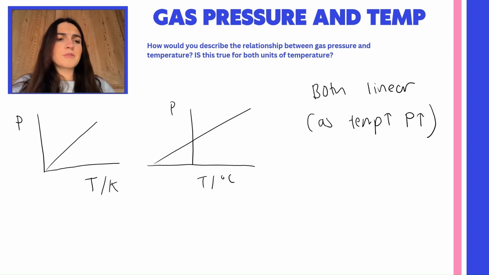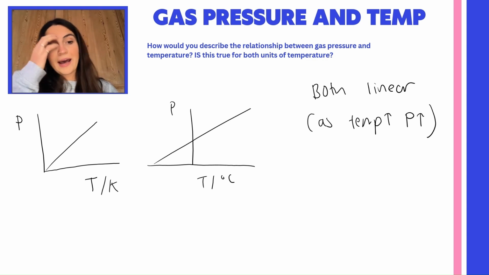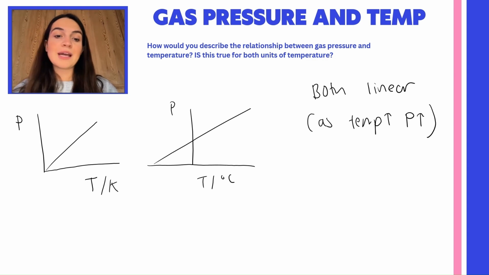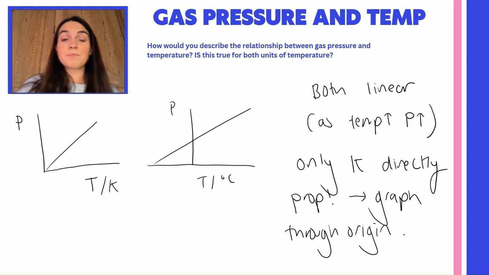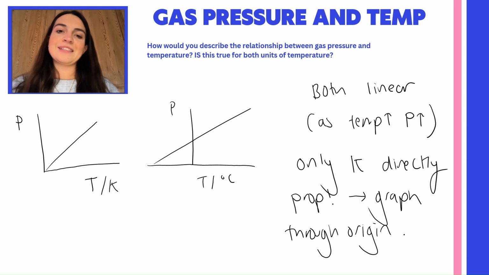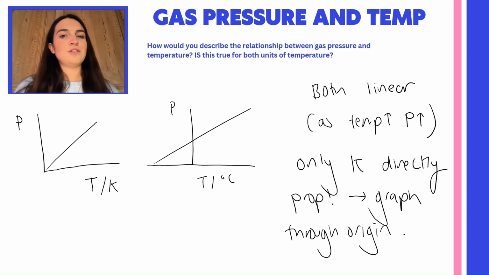So what's the difference between temperature in Kelvin and temperature in degrees Celsius? Well, if I'm in Kelvin, my graph is directly proportional because it is going through the origin. But if I'm in degrees Celsius, then it's not directly proportional because it doesn't go through the origin.